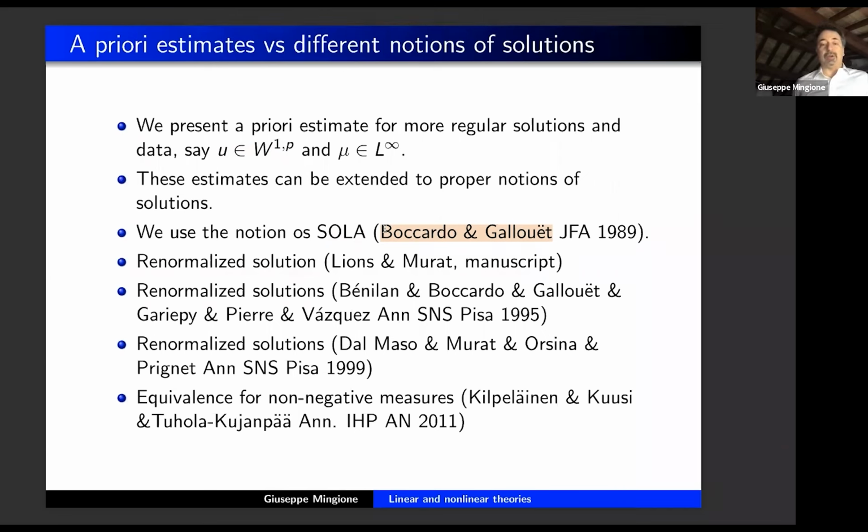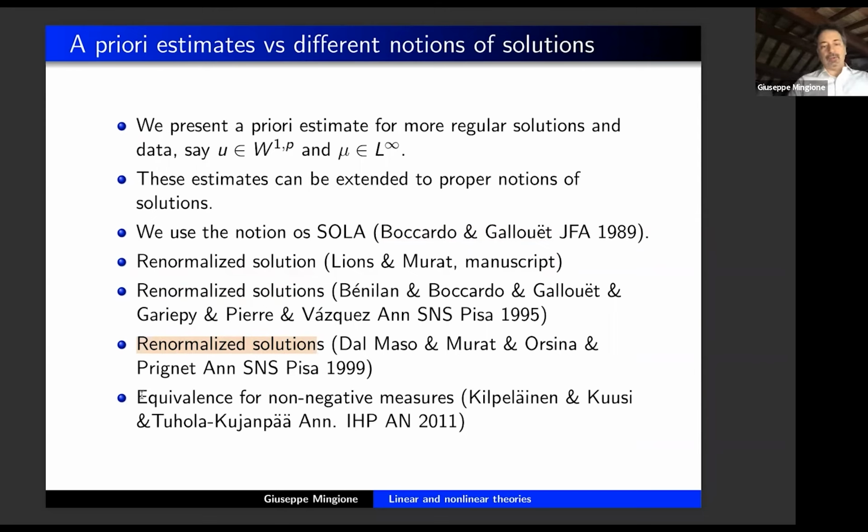Renormalized solutions were introduced by Lions and Murat in a legendary and unpublished manuscript. Then they were also dealt with by Bénilan, Boccardo, Gallouët, Gariepy, Pierre, and Vázquez. Then Dal Maso, Murat, Orsina, and Prignet extend these notions and give several important results also about uniqueness.